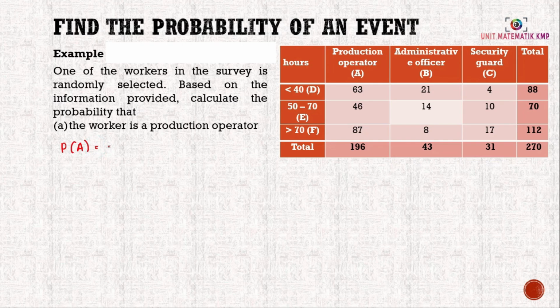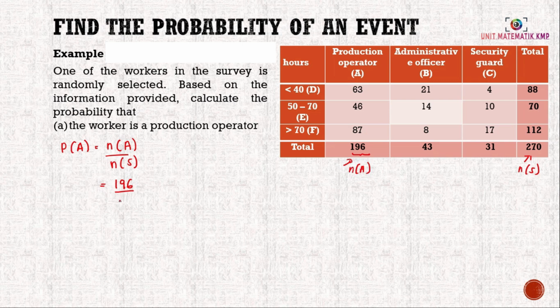So probability of A is the number of A divided by the number of total sample space. So the number of production operator is 196 here. So 196 over the total workers, which is this one NS, this one adalah NA.